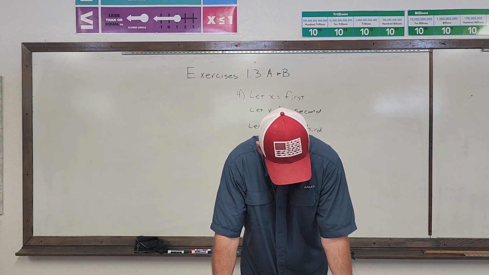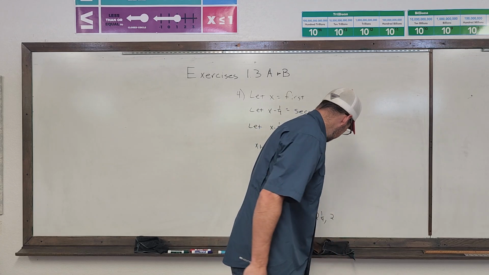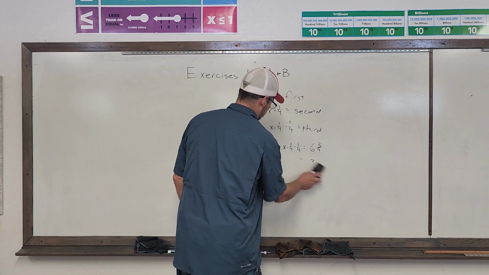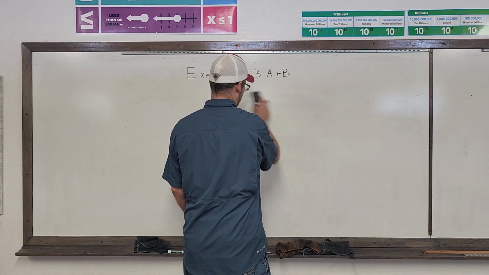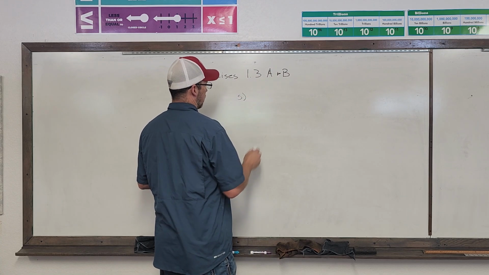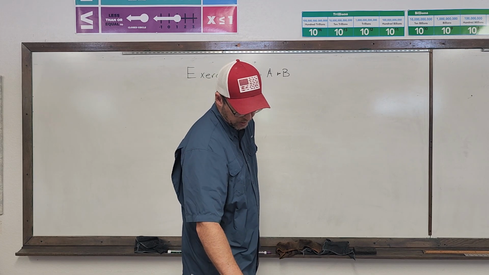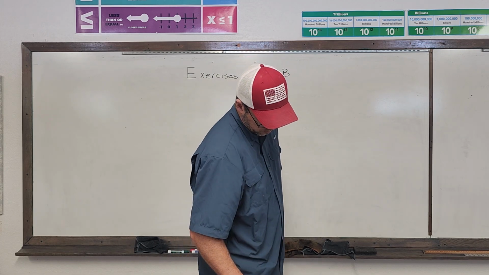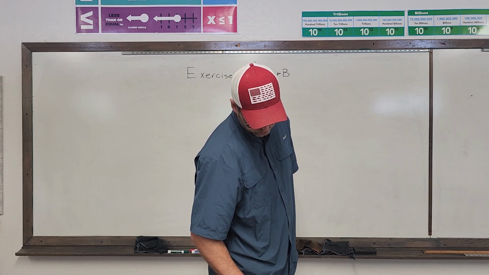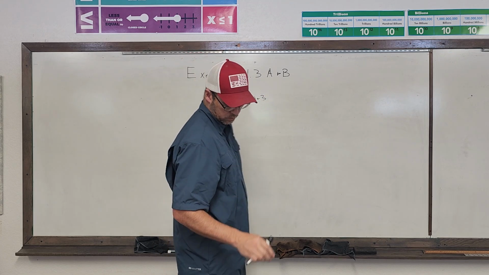So if we represent the length of the line by A, a line that is 3 inches longer would be A plus 3.